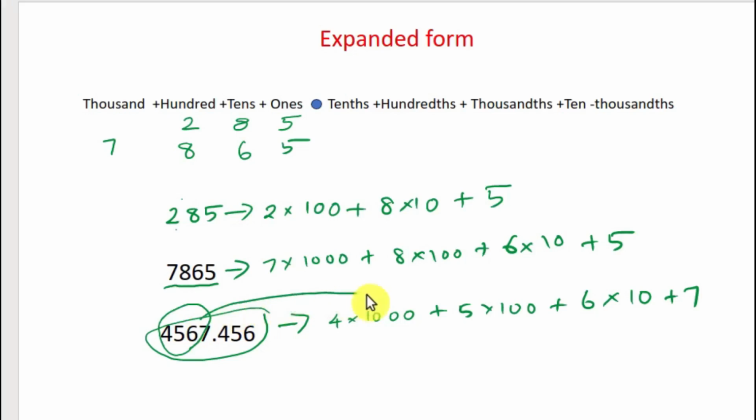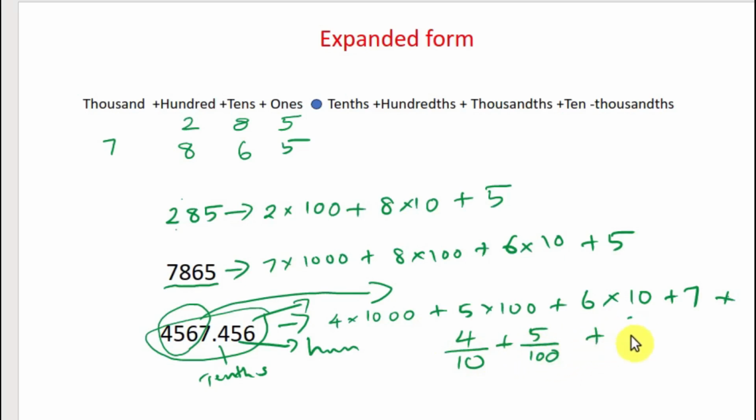4567 is the whole number, and I have written it like that. After the decimal, plus, I have no space, so I am writing here: 4 by 10. This is the 10th position, then 100th, 1000th. So 4 by 10 plus 5 by 100 plus 6 by 1000.